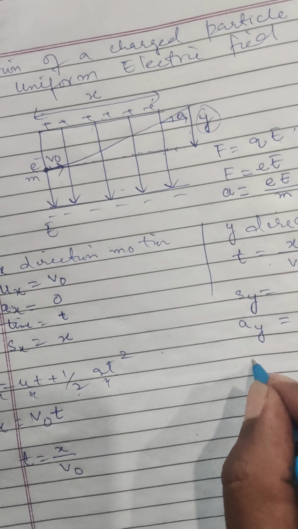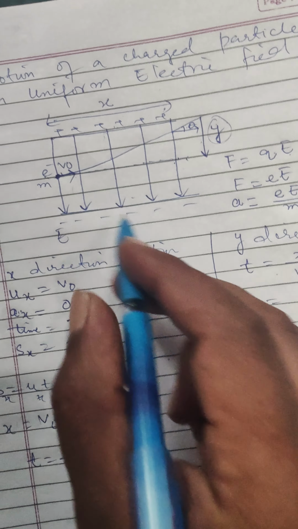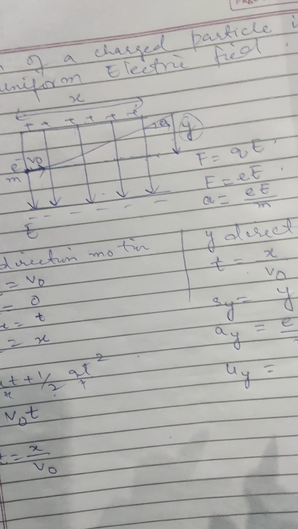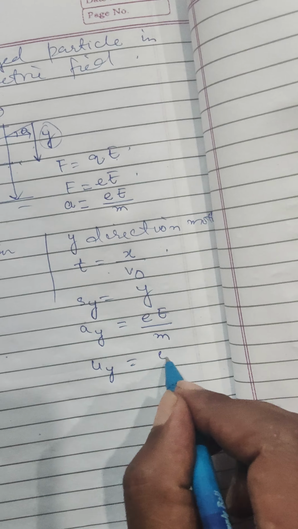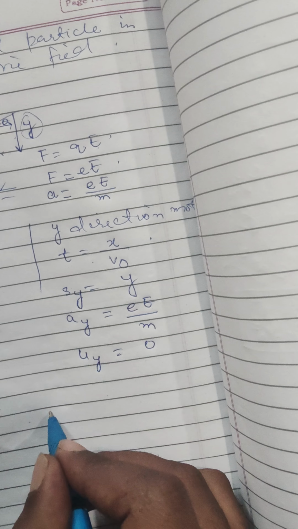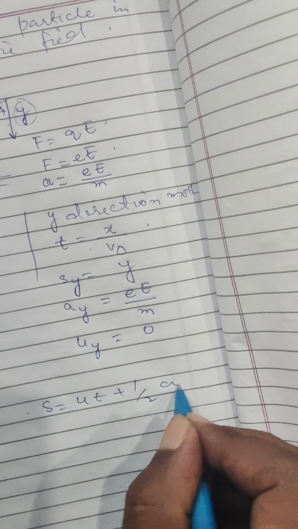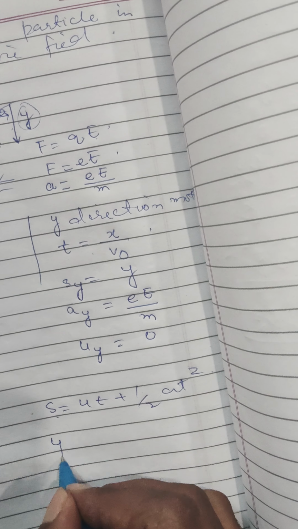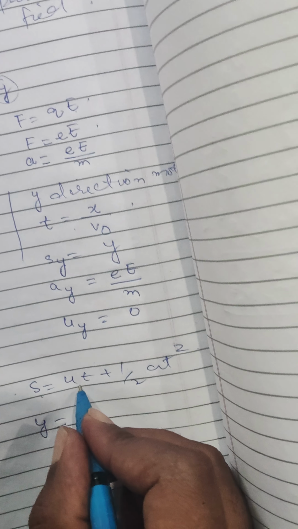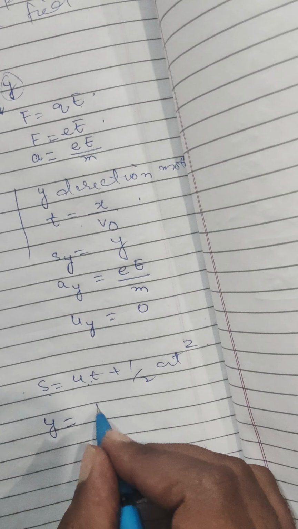Now, there is no initial velocity in y direction as we throw it straight, so initial velocity in y direction is 0. Here also we will apply the formula S is ut plus half at square. Displacement is the deflection, initial velocity is 0, so this term is 0.